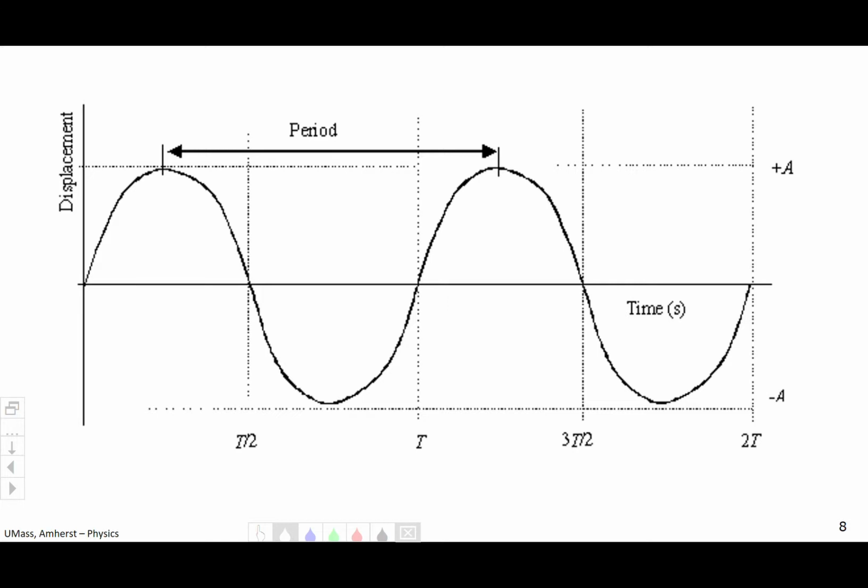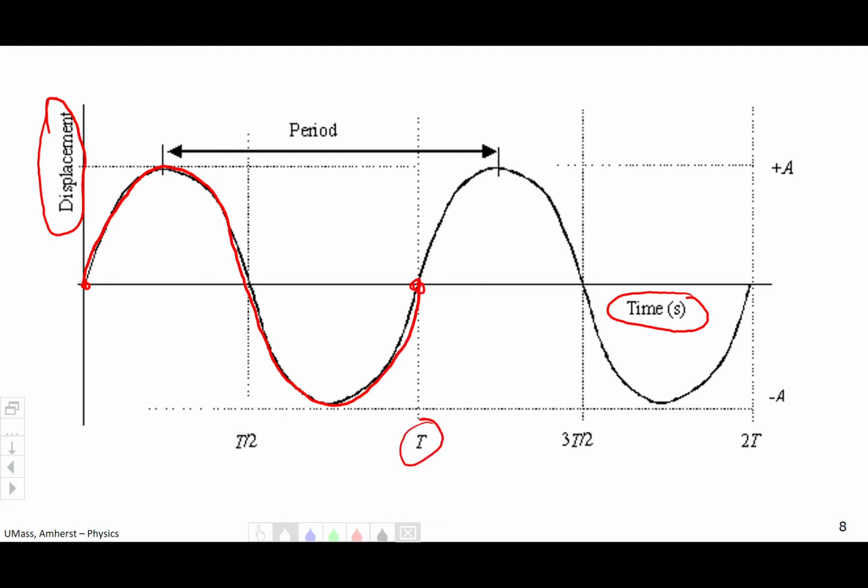So this is the normal way that we are going to see a wave function graphed. We have time on the x-axis and displacement on the y-axis. So a period would be the time that it takes to travel one full cycle.